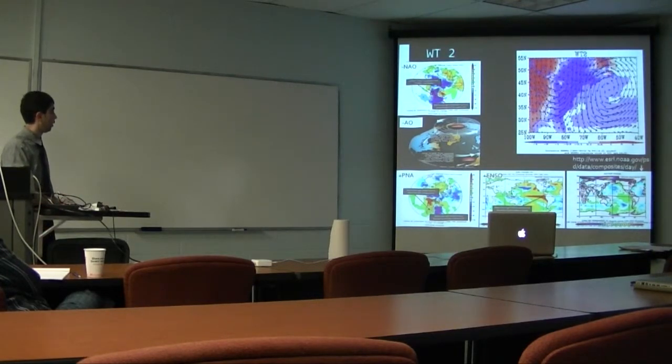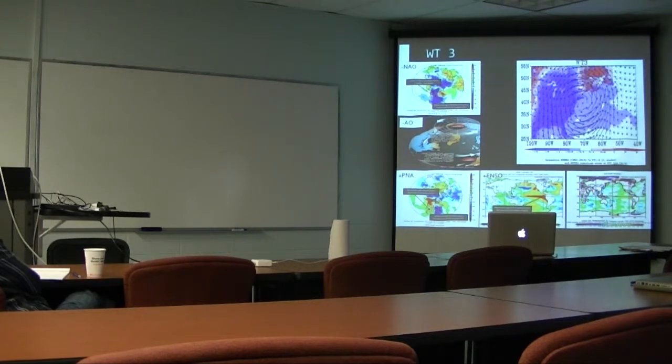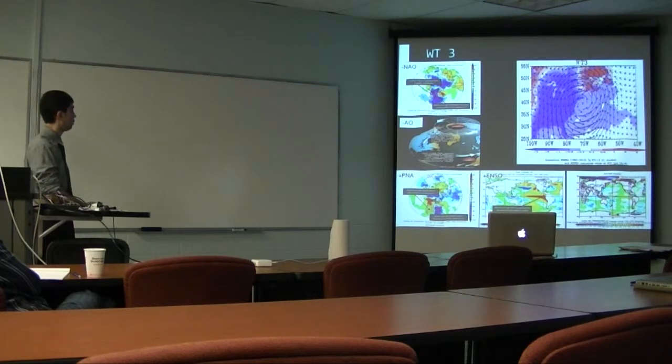And then again, you have cold flow coming into the United States in the negative AO, similar to what you see in WT2 on the eastern seaboard. And WT3 is actually fairly similar, so where you have cold temperatures coming in on each of these teleconnections, you also have it along the eastern seaboard.